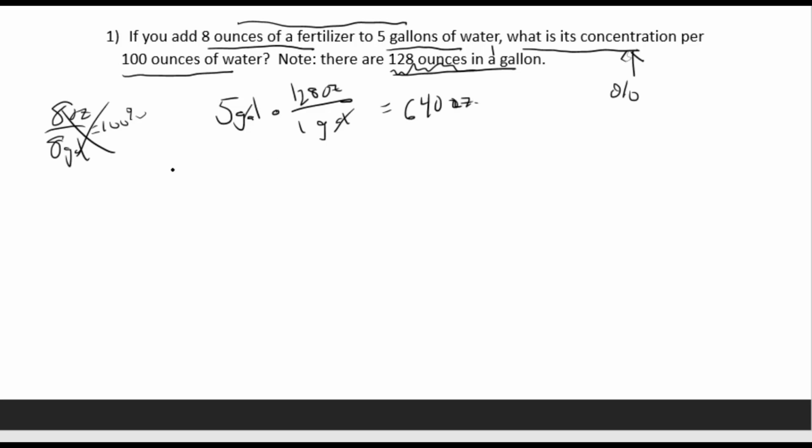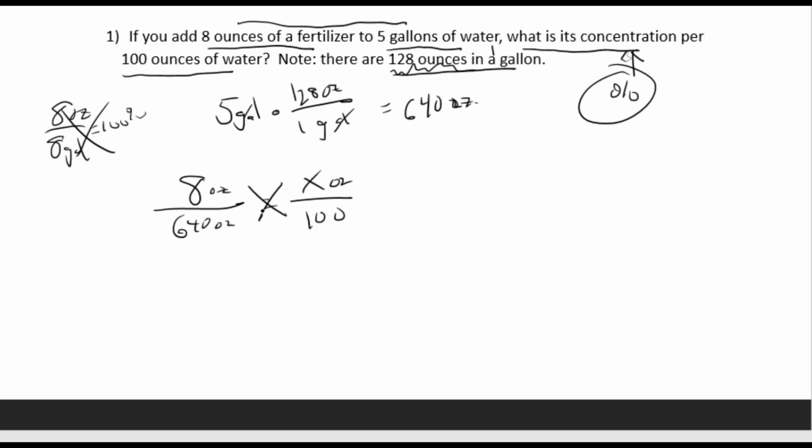So I have 8 ounces of fertilizer for 640 ounces of water. I want to know the concentration. The concentration is parts per 100. It's a percentage. So I'm just going to set up a proportion. Put that there. Cross multiply. And I get 640 times x equals 8 times 100. And that's going to be the percentage, whatever you get out of that.